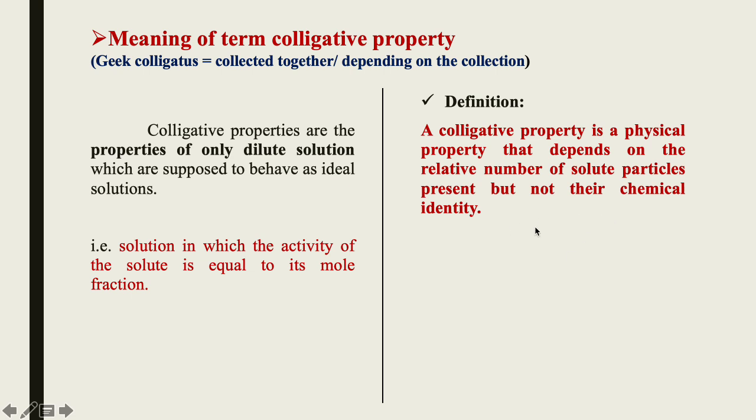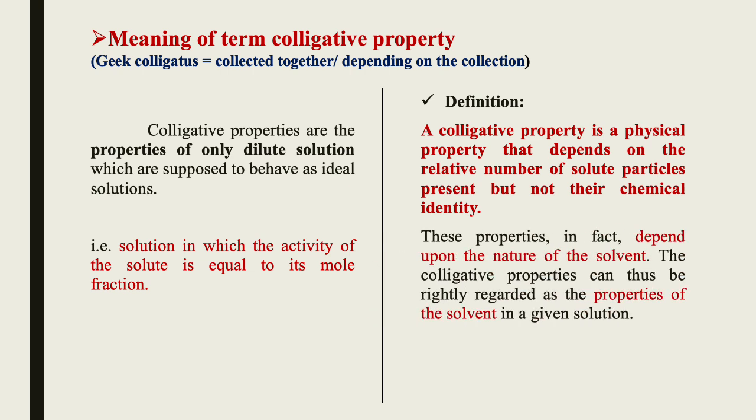We don't consider which chemicals those solute particles are made up of. These properties in fact depend upon the nature of the solvent. The colligative properties can thus be rightly regarded as the property of the solvent in a given solution.